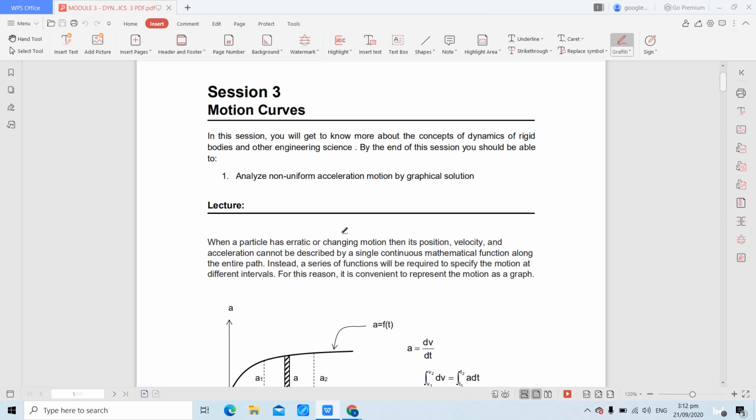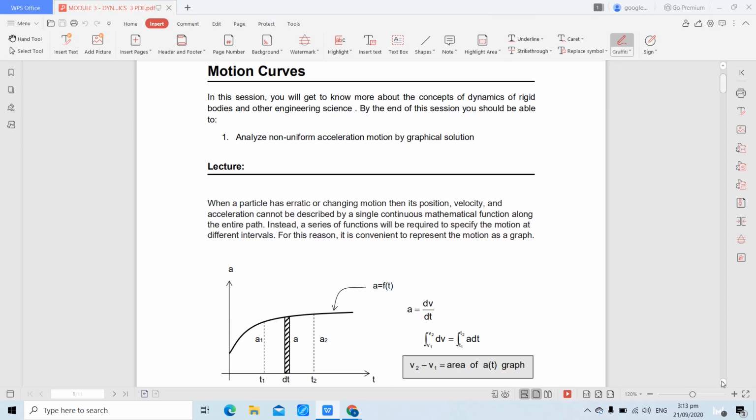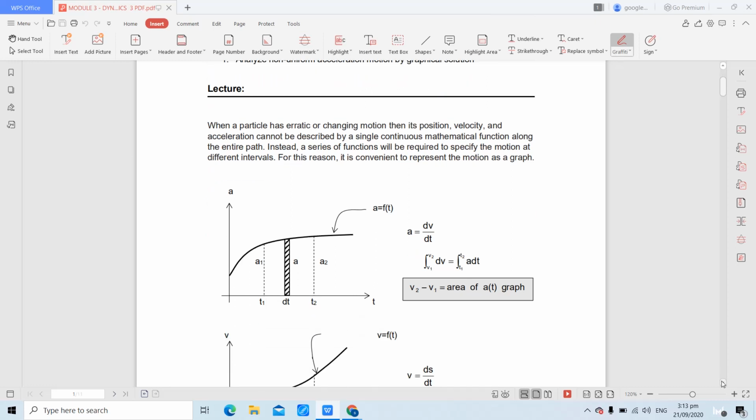So that is summation of integral of, summation of the derivative. So, instead mismo na mag-integrate tayo or mag-derive tayo ng madaming function or equation, we will just represent the motion of the particle or body in terms of graph. And yun i-analyze natin mismo para makuha natin yung position niya, yung velocity niya, and yung acceleration niya.